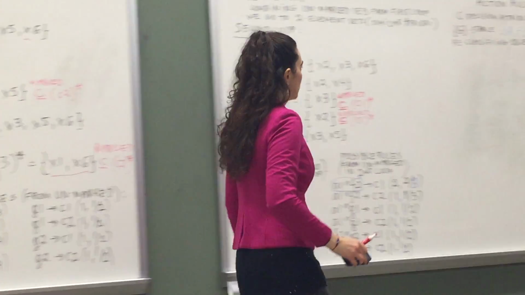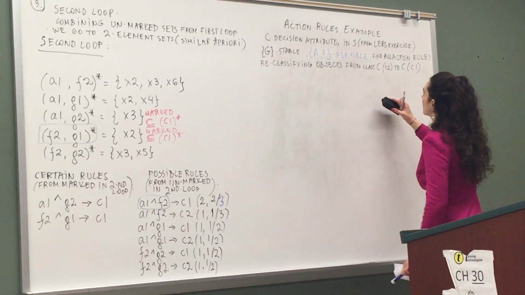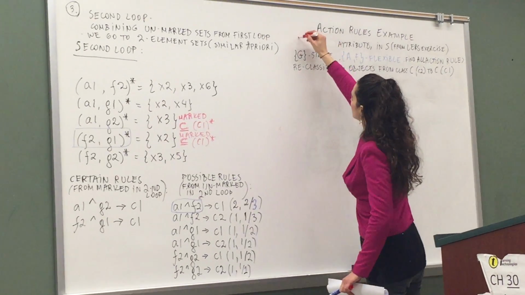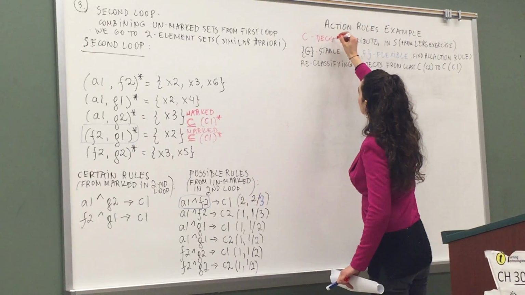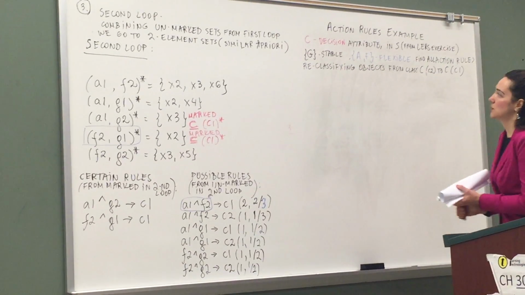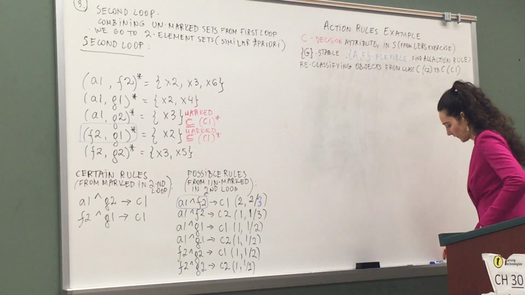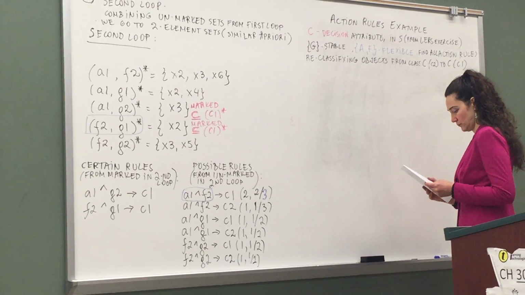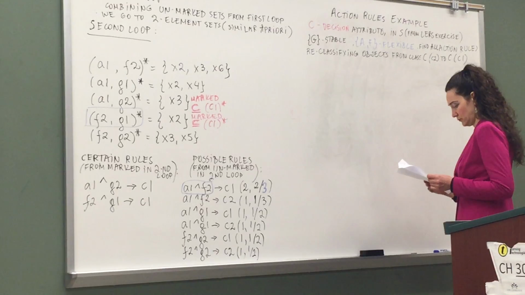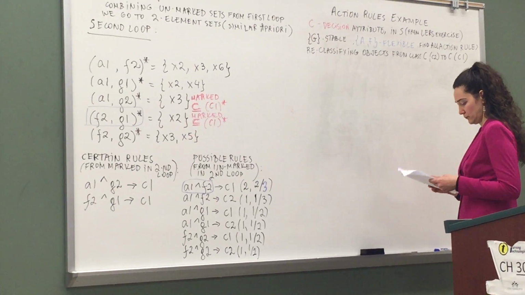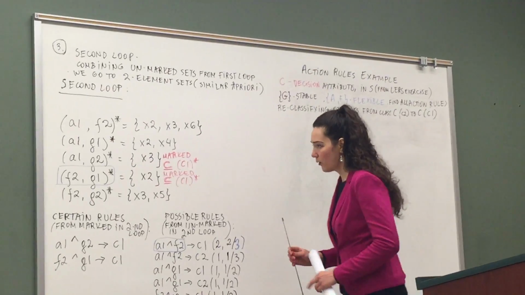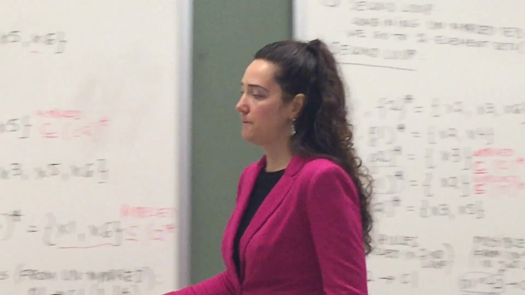And G is the stable attribute. So the first thing we look for is whether we have C2 on the right side of one rule and C1 on the right side of the other.